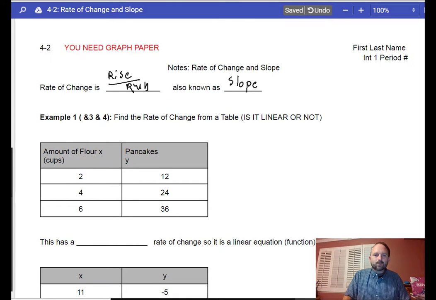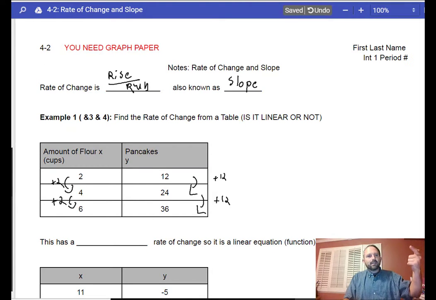Well, 12 to 24 is plus 12. 12 to 24 to 36 is plus 12. Okay. 2 to 4 is plus 2. 4 to 6 is plus 2. So in each of these cases, it changes plus 2, plus 12, plus 2, plus 12.